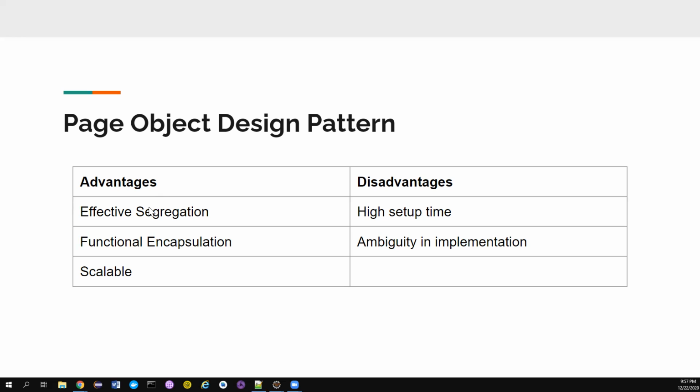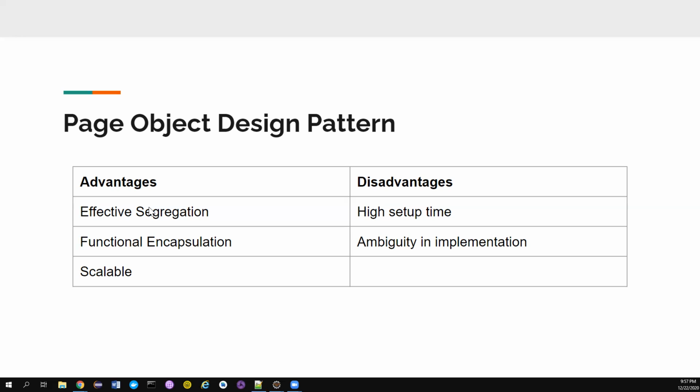We are segregating our test from our page layers so that our test becomes neat and clean and actually to the point. Anyone who reads the test can understand what the test is all about, instead of putting all the Selenium code out there, or your Appium code. It doesn't matter, it is not important. So it gives us an effective segregation.